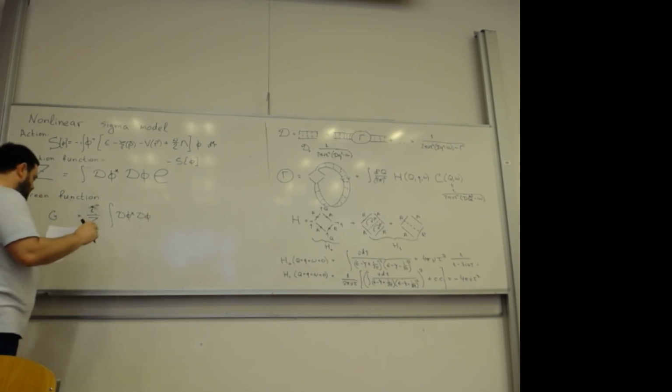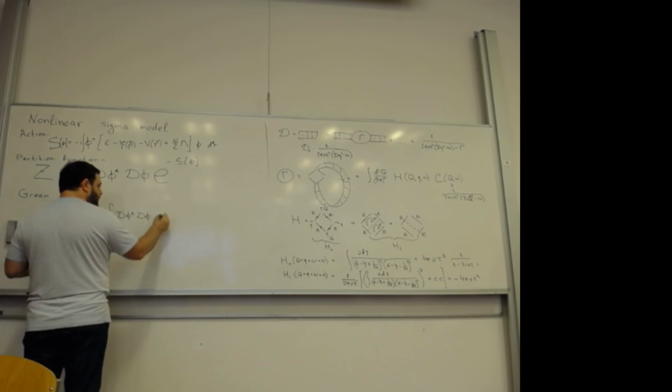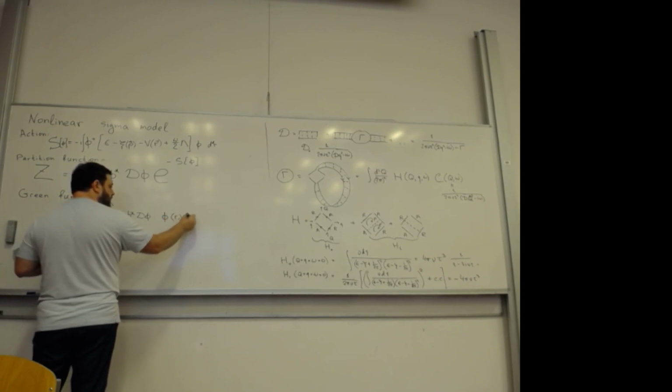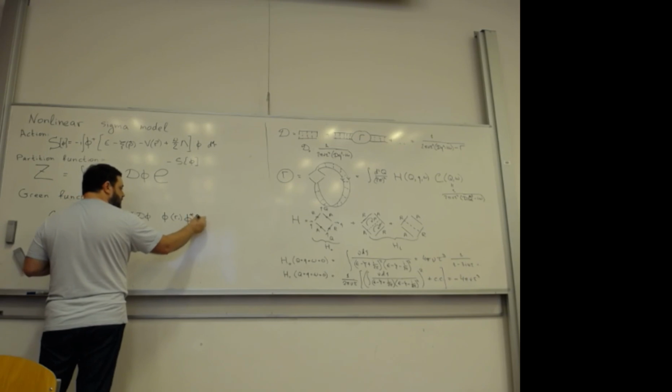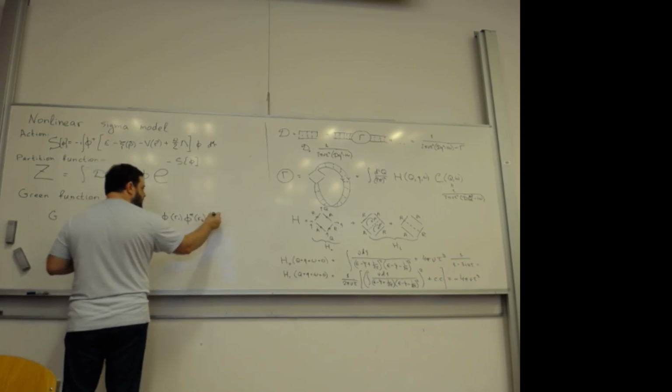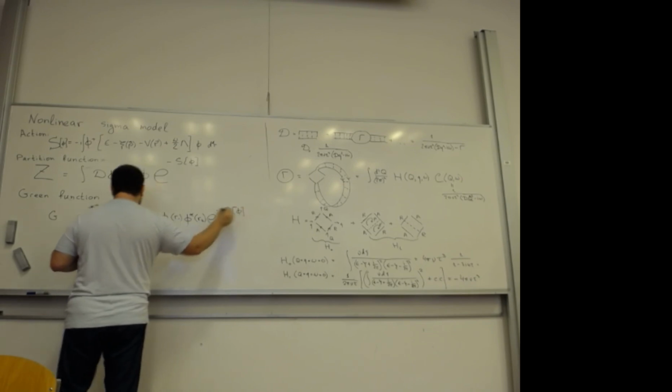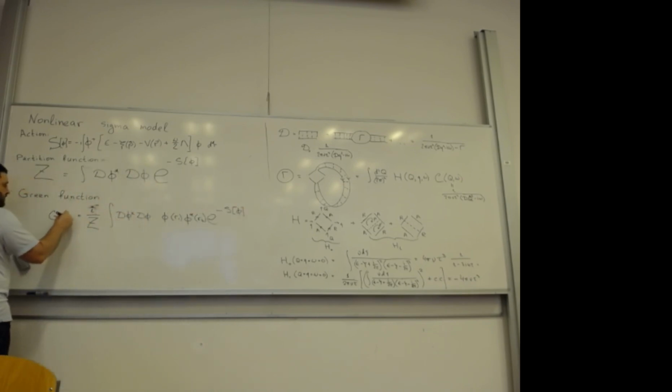And then we have phi at point R1, phi star at point R2, and then the exponent. And this gives us the green function at points R1 and R2.